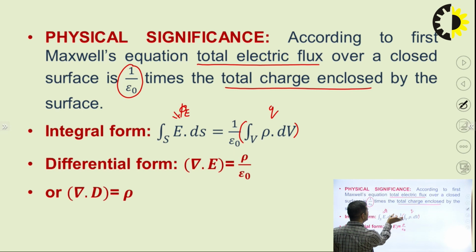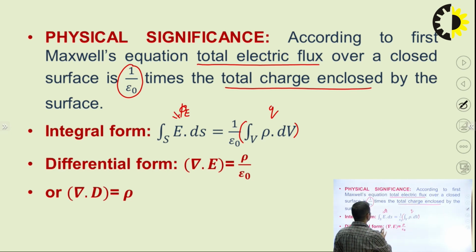The integral form of Maxwell's equation itself represents the physical significance of the first Maxwell's equation. Again I will repeat, the significance of this equation is that the total electric flux over a closed surface is equal to 1 by epsilon naught times the total charge enclosed within that surface.